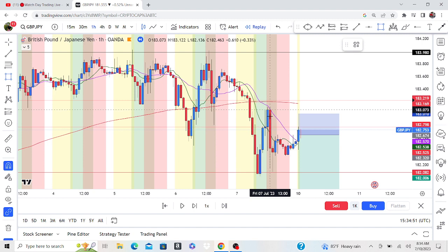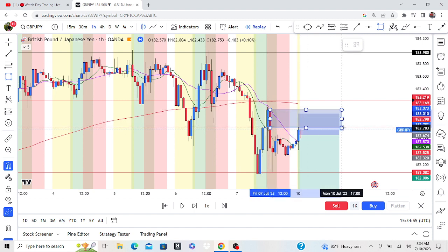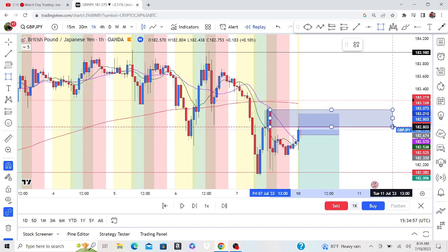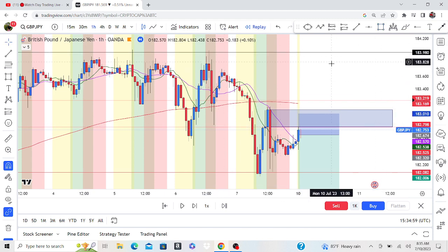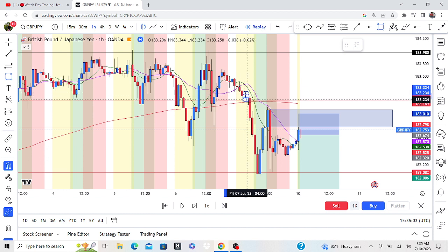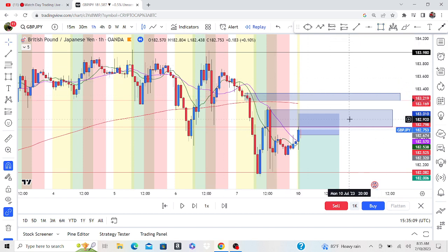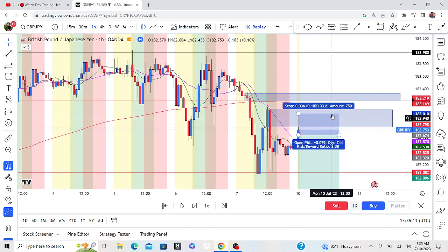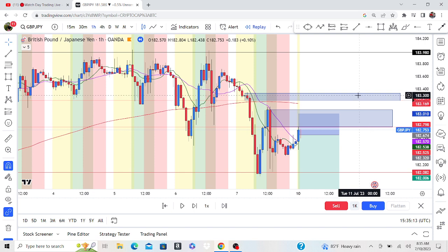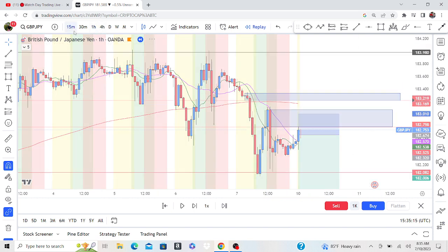I'm using this entire supply right here. Supply 2, supply 1. So I got both supplies, big supply, minor supply, and I'm looking for shorts.